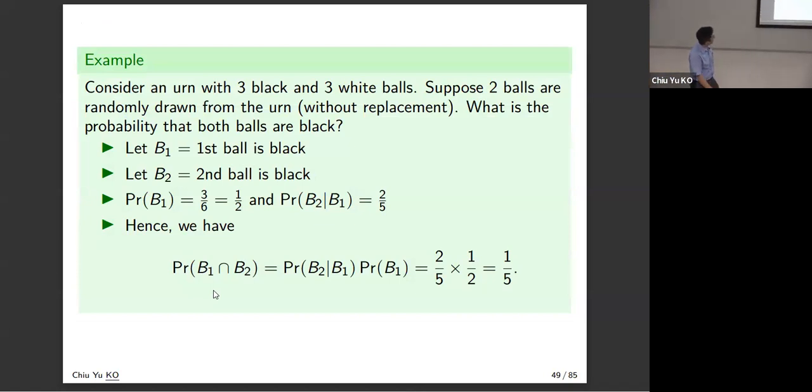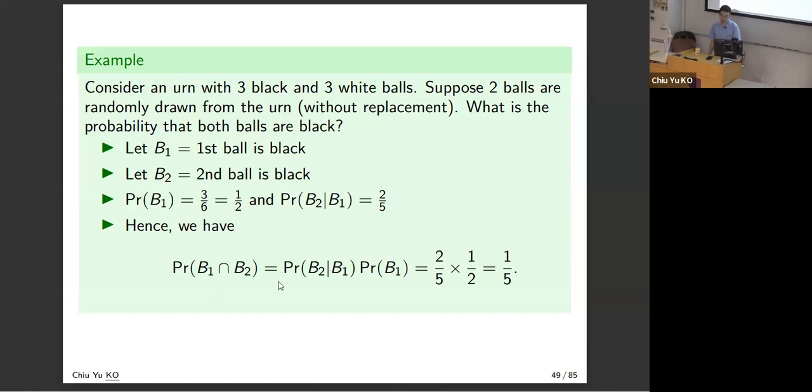At least it is complicated if you actually try to do it. But this way, it's going to simplify. You draw a black ball in the first round and calculate the probability of a second black after the first black. So that would be much simpler to calculate. And that is the goal, because we want to make our calculation easier, and this helps us.